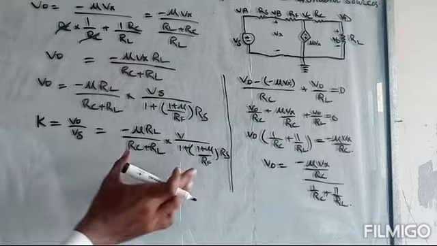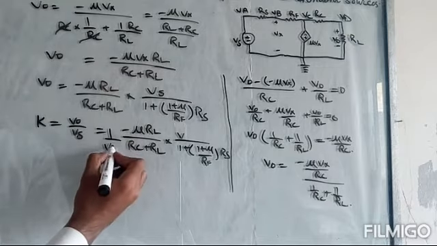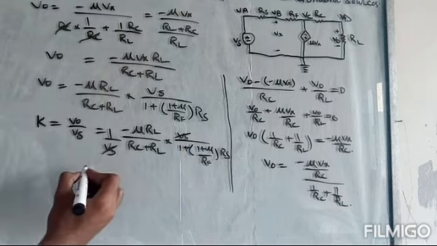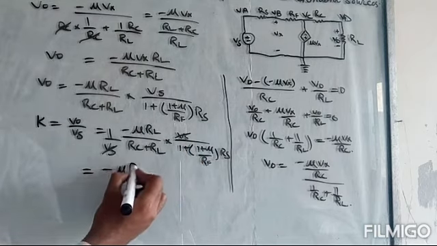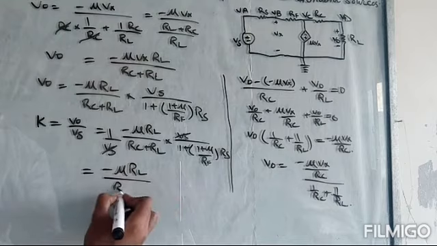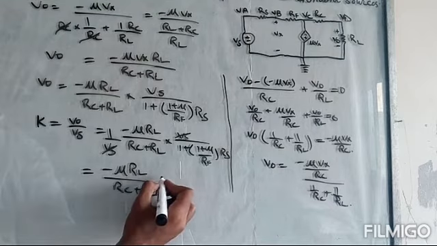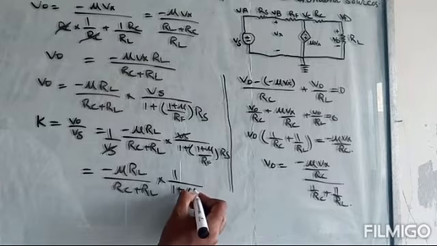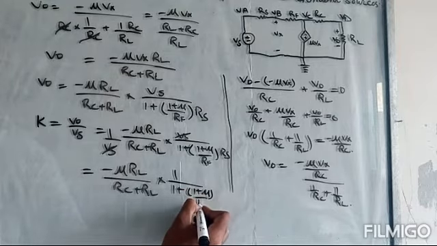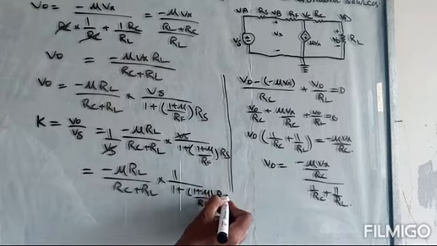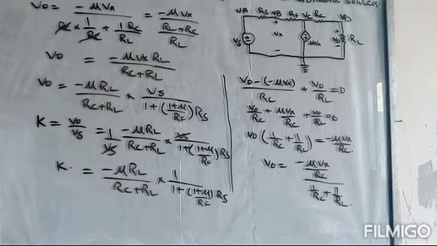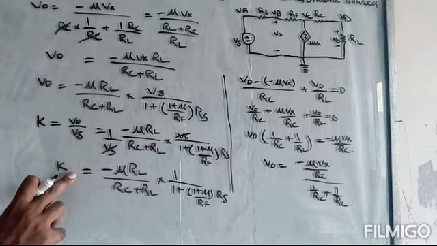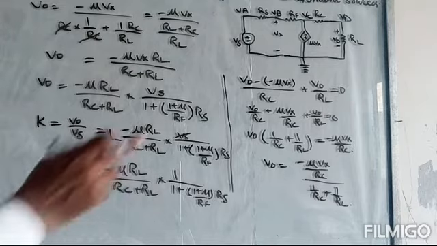And this term is V0 divided by Vs. So this Vs will be cancelled with this Vs. Remaining will be our answer of K: minus mu RL over RC plus RL multiplied by 1 over 1 plus mu over RF Rs. This is a very long expression that we have derived for the value of K, the gain of this circuit.